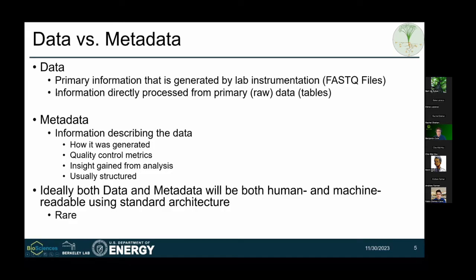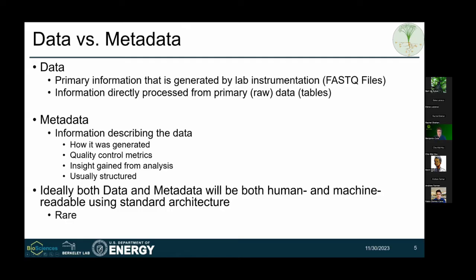It also includes information directly processed from the primary data into tables, matrices, etc. This can be hundreds of gigabytes. It's a really unwieldy data set, but it's the foundation of your work, right? Of a single cell sequencing study.